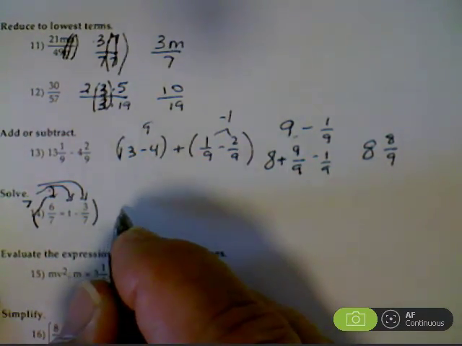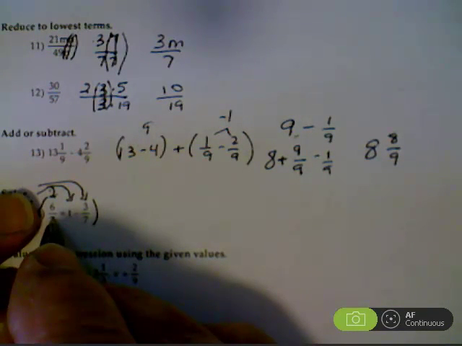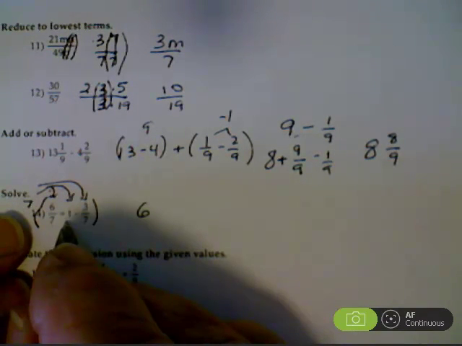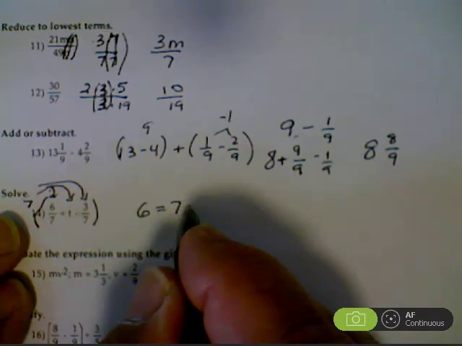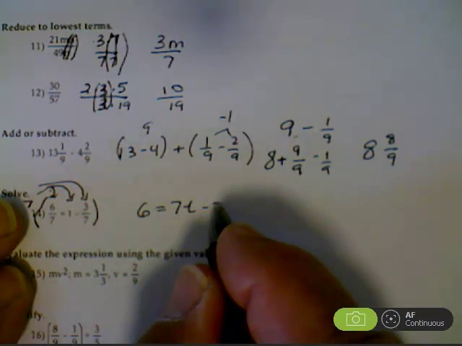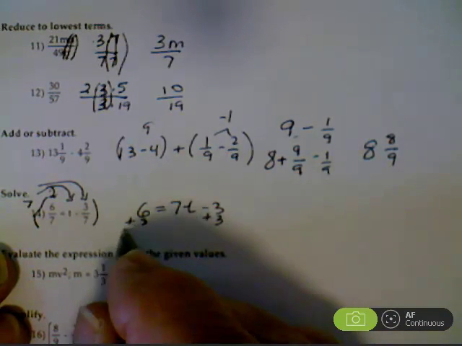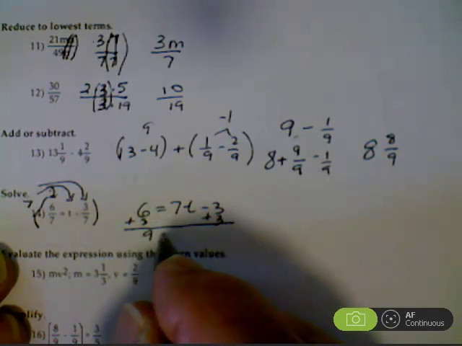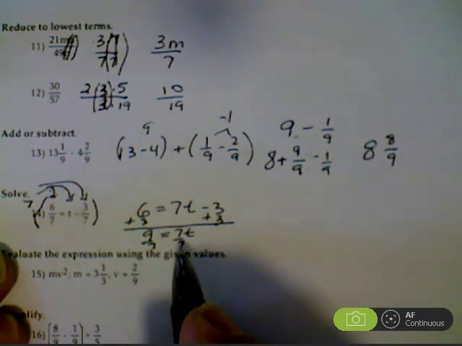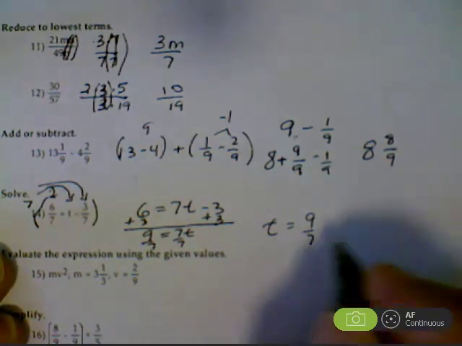As we do that, the 7 over the 7 leaves just 6, the 7 times the t, and then again the 7 over the 7 leaves minus 3. So when we add 3 for step number 3, drawing our long line, we see that 9 equals 7t. And with our short line, step 4, we see that t is 9/7.